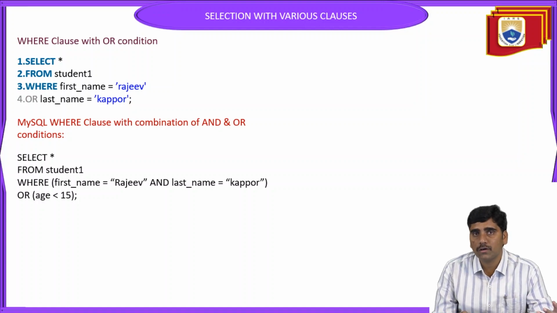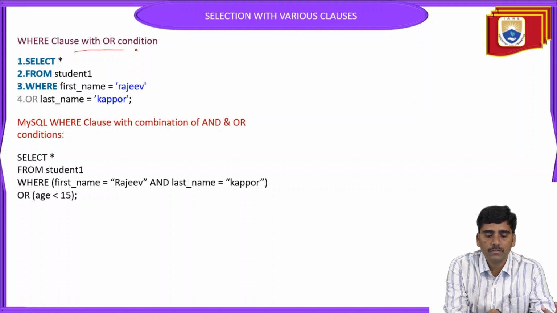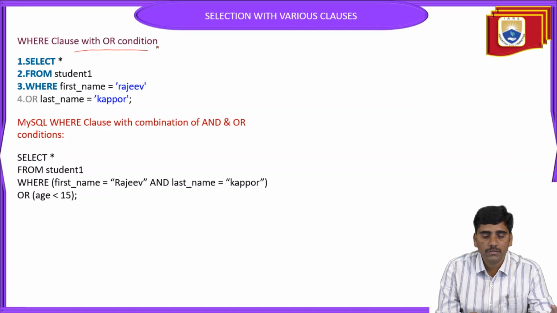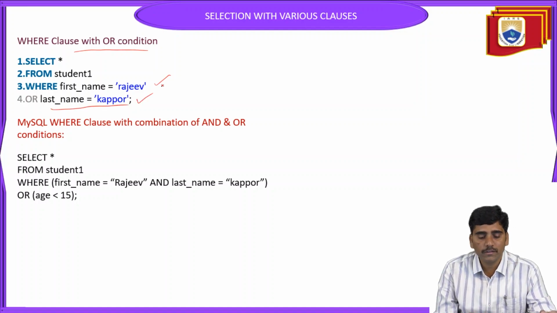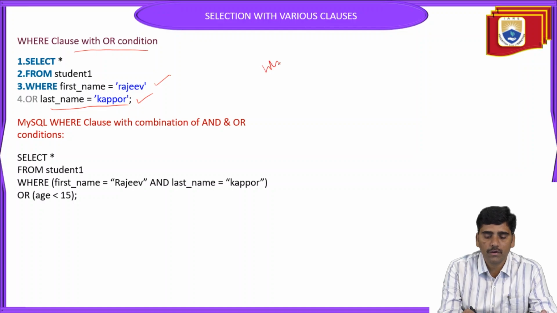Where clause with the or condition. Select star from student1 where first name equals Rajiv or last name equals Kapoor. Here where is a conditional clause, where you need to specify the conditions.